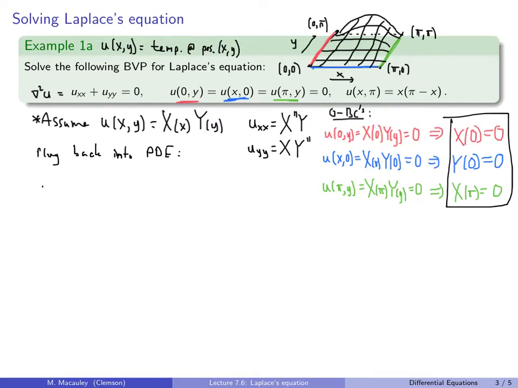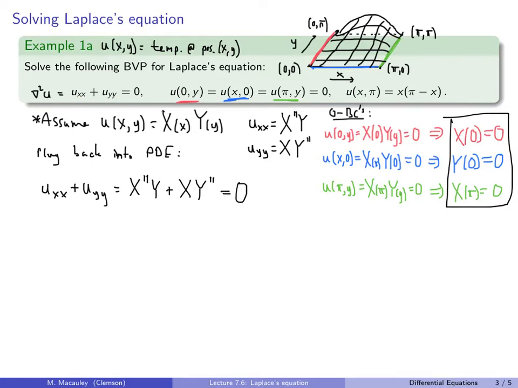So u xx plus u yy, that equals this plus that. So that's equal to X double prime Y plus X Y double prime. And that's equal to 0, because our PDE is, remember, right here.